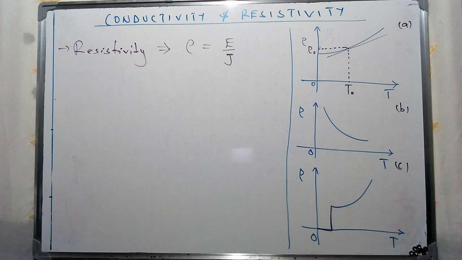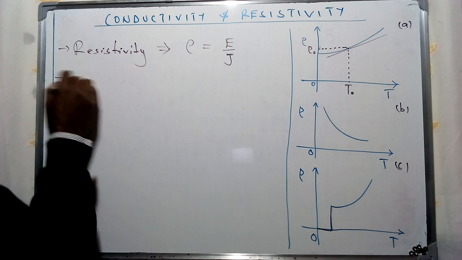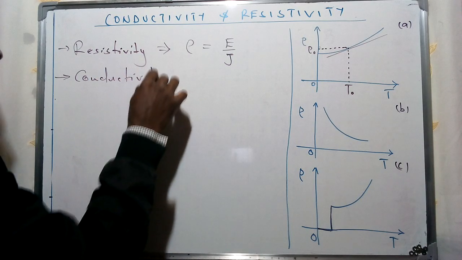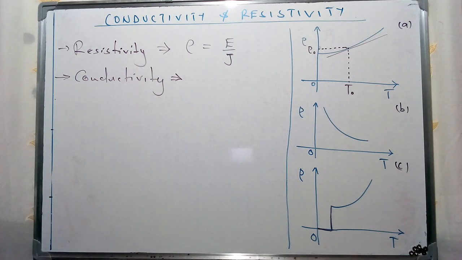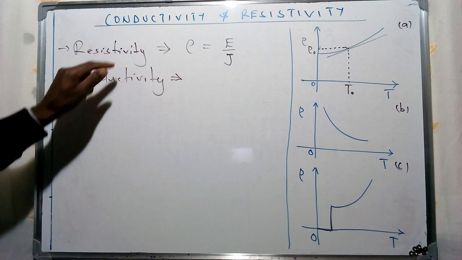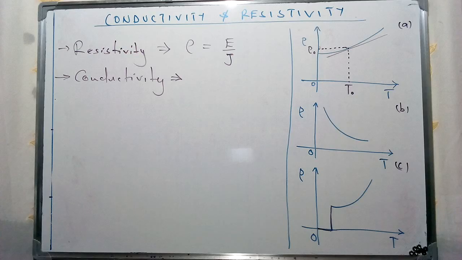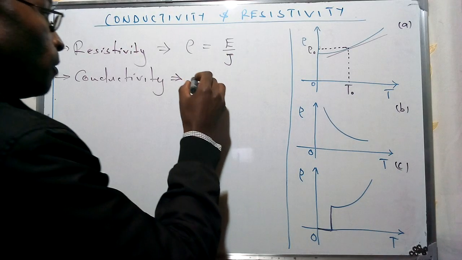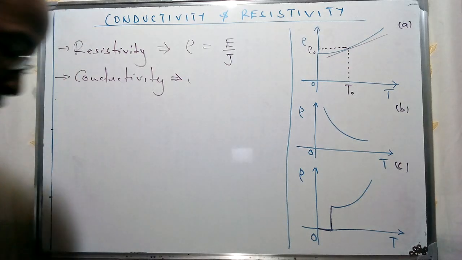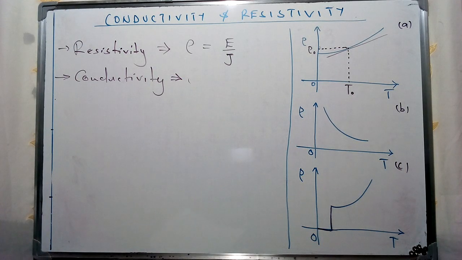Now, in this case, we're also going to look at the concept of conductivity. As I had mentioned, the two have a specific relationship, whereby conductivity is the reciprocal of resistivity. I'm going to use another symbol for that one.